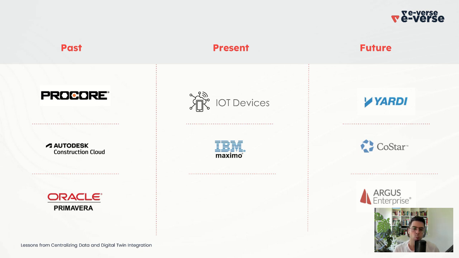Then the present, how you can improve the management of your current buildings. And then they were already using tools like Yardi, CoStar or Argus Enterprise to manage their portfolios, and also try to get more projects on sales in the future. So it was a big challenge of how to integrate the whole ecosystem.